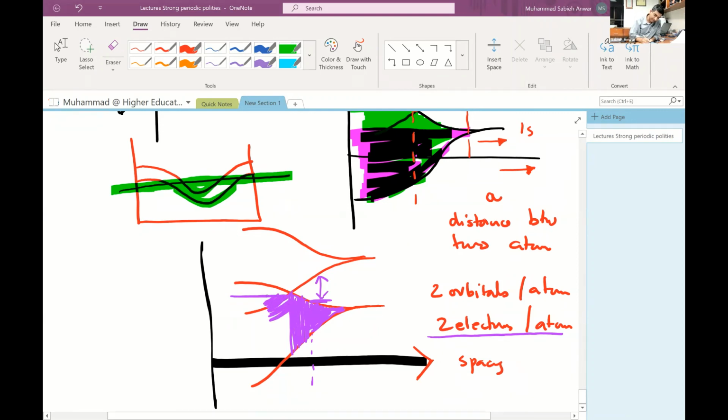Both of these bands will be occupied. All right. So the top band is partially filled and the bottom band is partially filled. And we have an insulator to a metal transition at this stage.